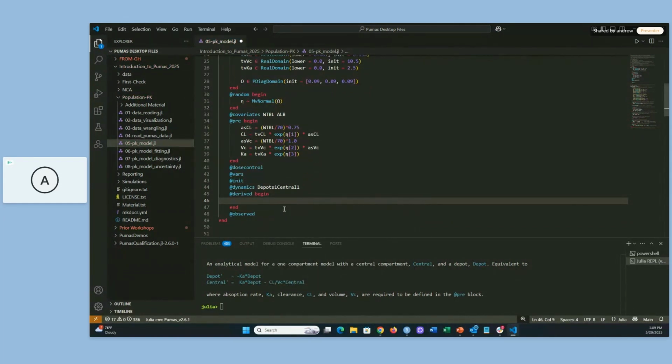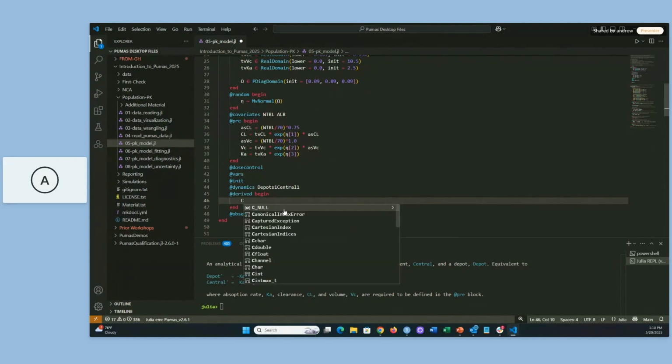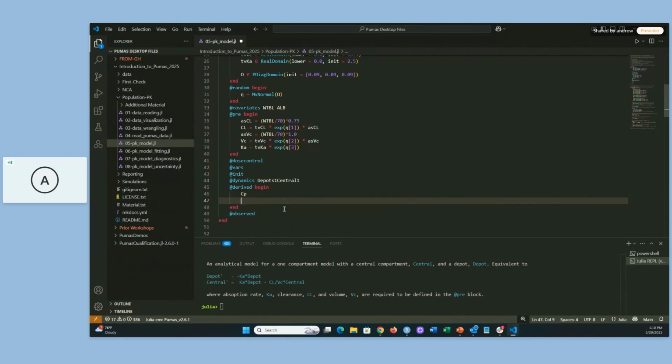In the case of PK, this is where we're going to have an initial, I like to call it CP, the concentration in plasma, and then dV.